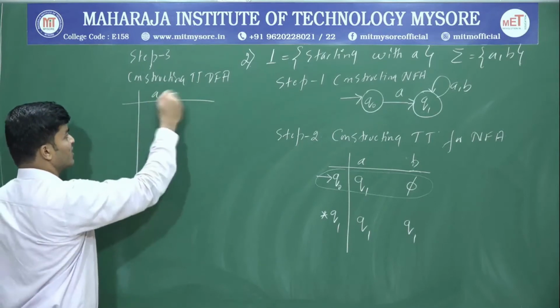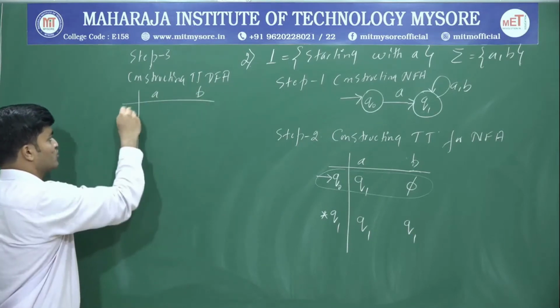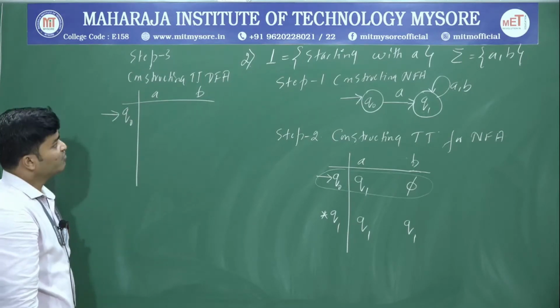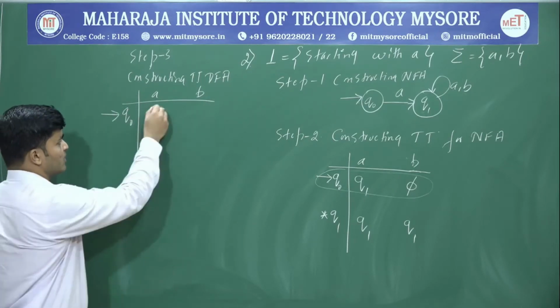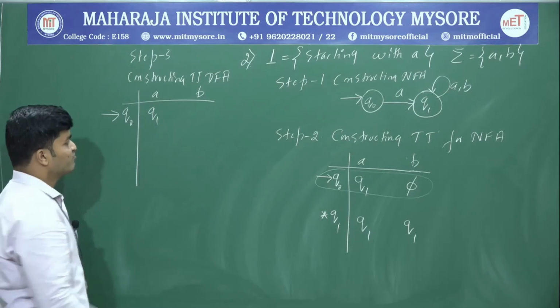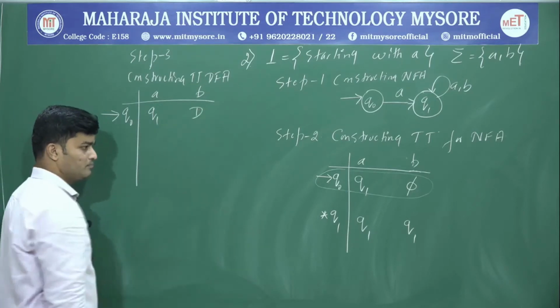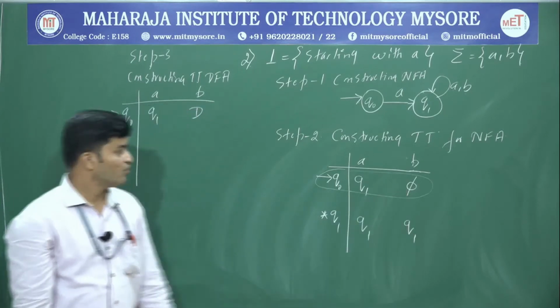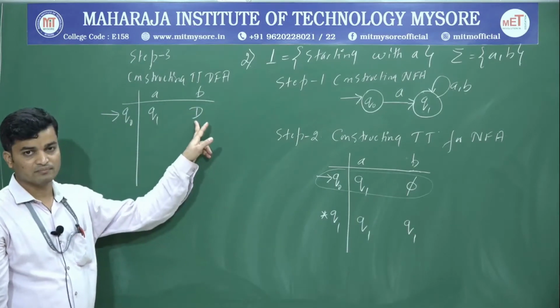You write A, B as it is. Q naught is your start state, so that becomes the start state in your DFA. You write Q1 as it is. Instead of phi, you write dead state. So phi in the NFA becomes the dead state in the DFA.